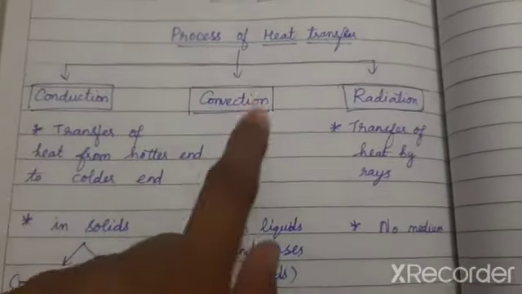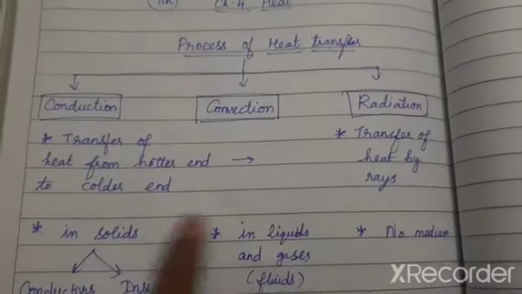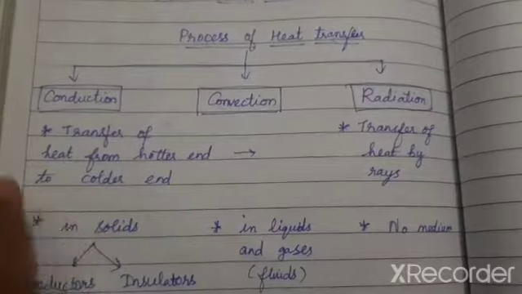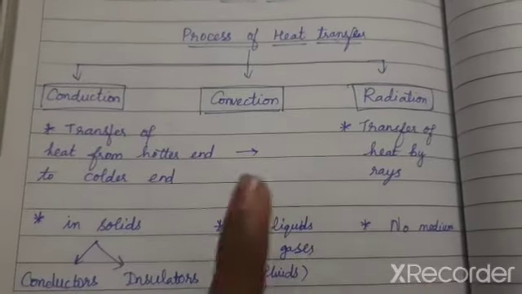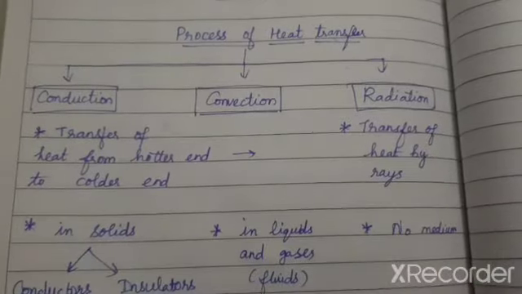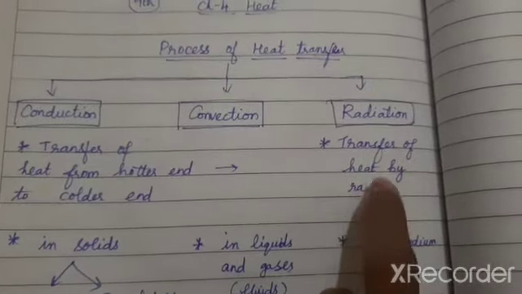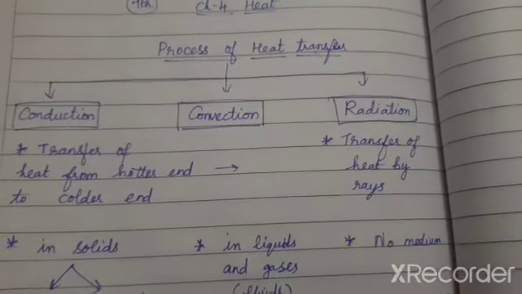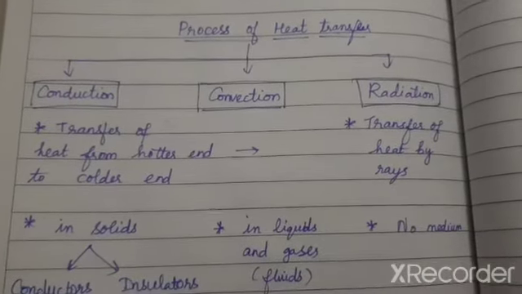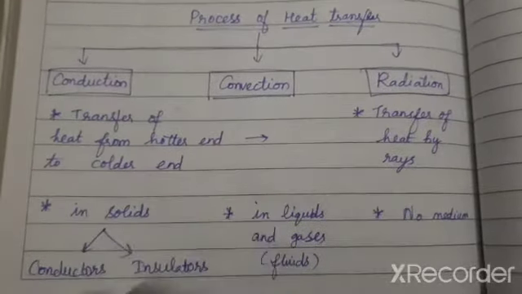Like the process of conduction and convection, you don't want any medium here. Either it be a solid or a liquid or a gas, it is not necessary in the radiation process, because here the transfer of heat happens only by the form of rays. What is the use of a medium here? Right? So, these are the three processes of heat transfer.